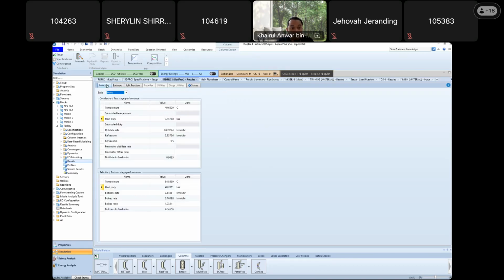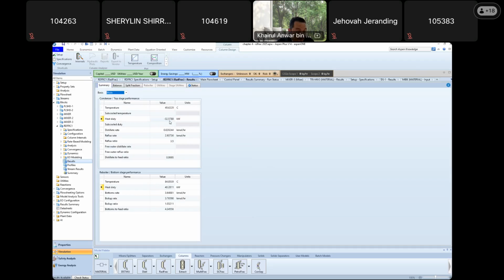Q reboiler here is 40.2811, then plus negative 32. If you do the calculation, H in minus H out plus Q reboiler plus Q condenser, it is equal to 0.